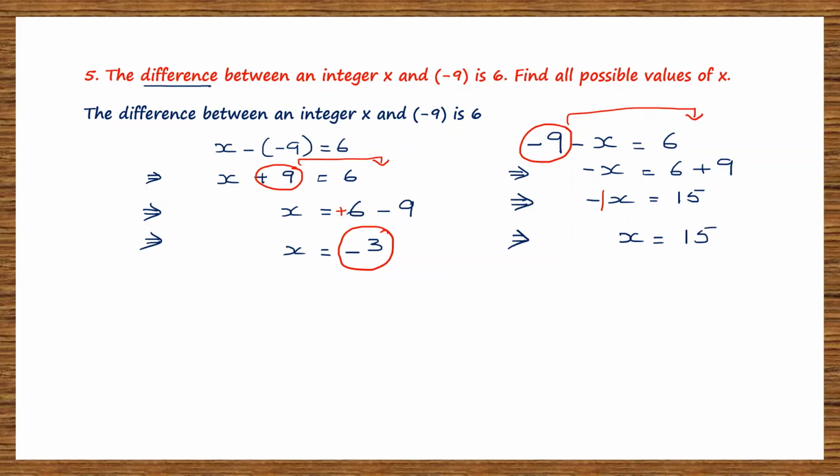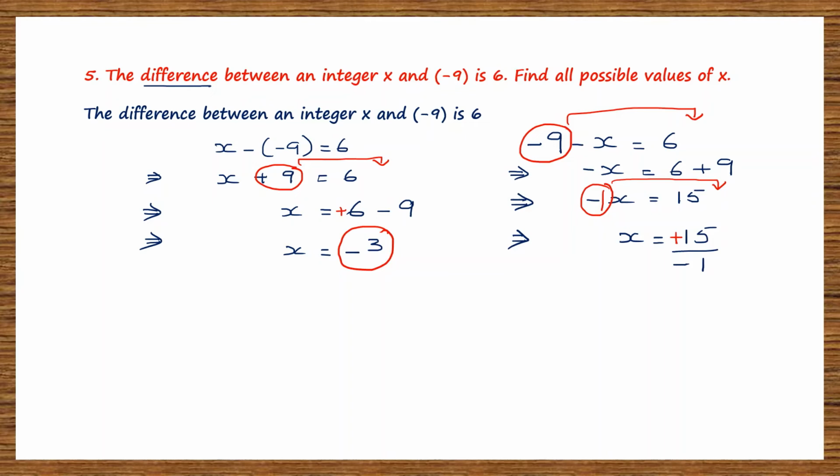Now I need to remove this minus 1. And minus 1 here is multiplication. Minus 1 into x, isn't it? So when this multiplication goes to the right hand side, it becomes division. So I will write minus 1 here as division. Now 15 has a plus sign, it's understood, and 1 has minus sign.